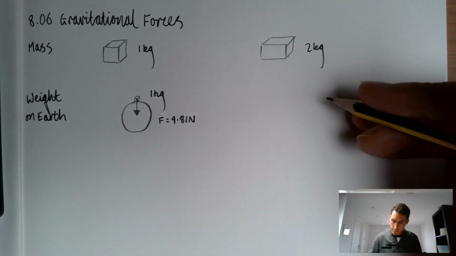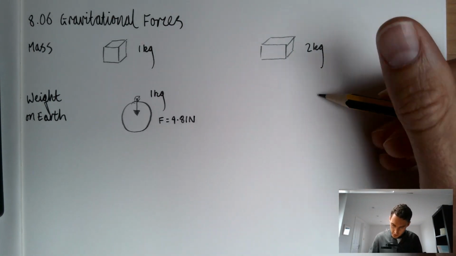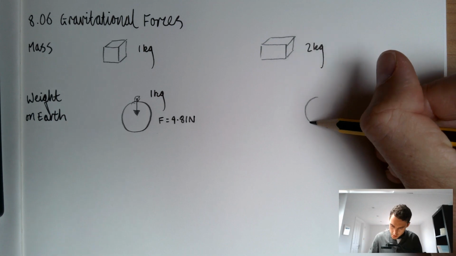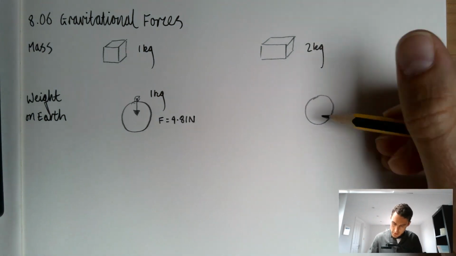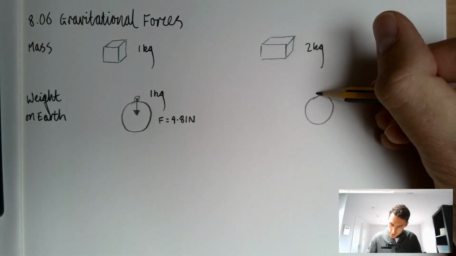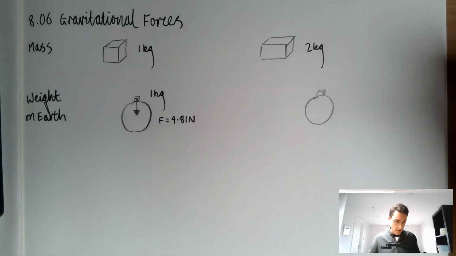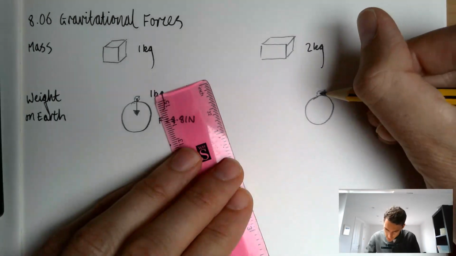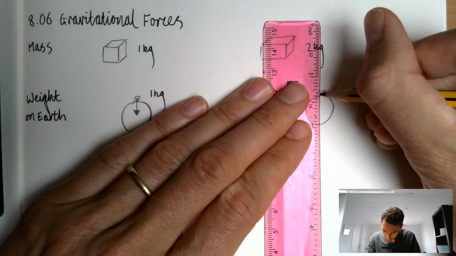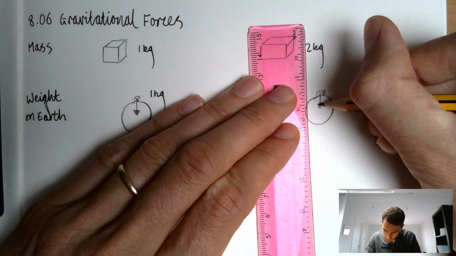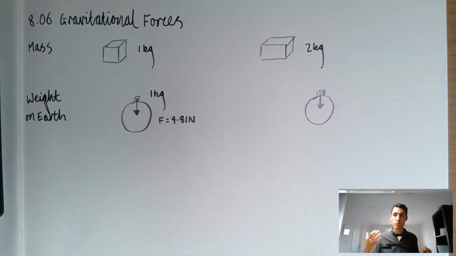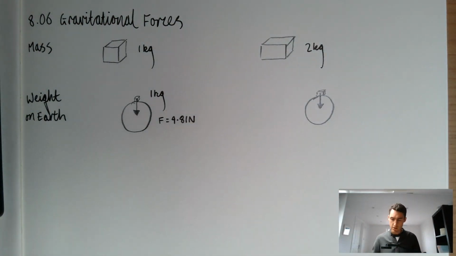Now, I'm going to draw the same thing again here, but I'm going to do it with my 2 kilogram box. So let's draw the 2 kilogram box here like this. Draw my force acting from the center roughly. So I've drawn my dot, I'm going to go downwards like this. Remember, I'm always modeling the way that a physicist thinks throughout every lesson.